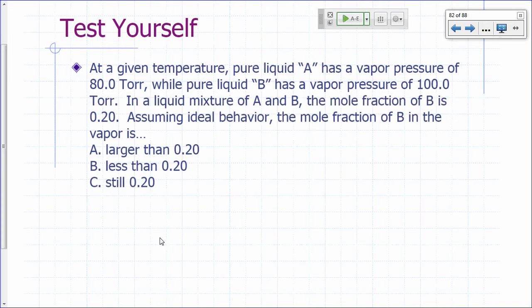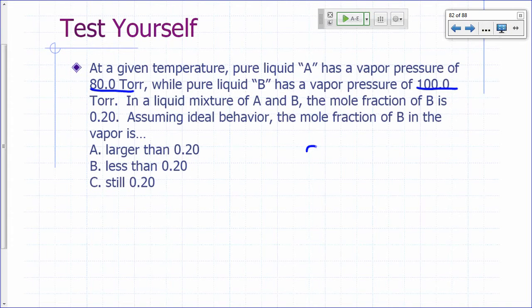Let's try to use some common sense here. Which one's more volatile, A or B? Vapor pressure of A is 80 torr. Vapor pressure of B is 100 torr. Which one is more volatile? More volatile has a greater tendency to be in the gas. So vapor pressure gives you an indication of volatility, right?